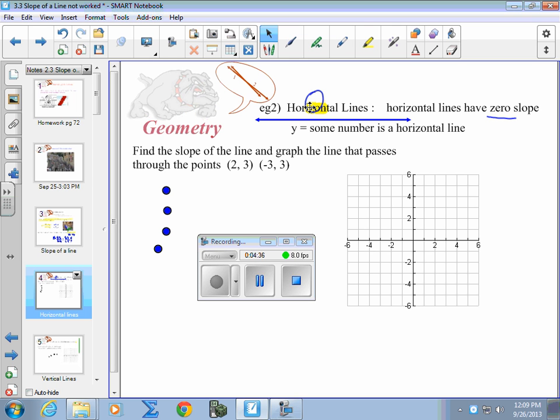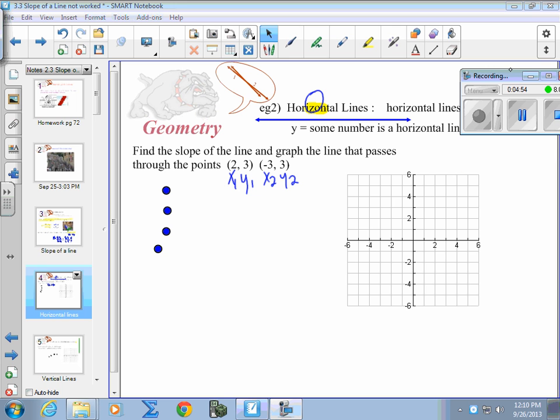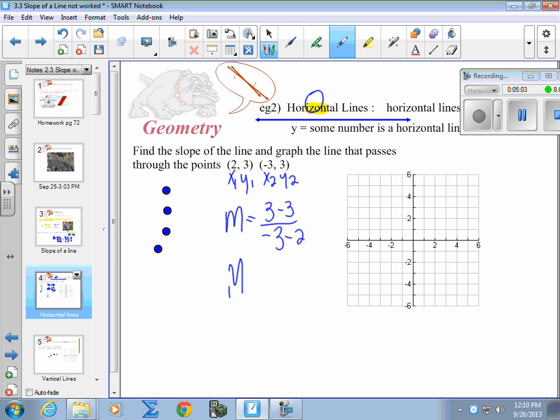The problem up here says find the slope of a line and graph the line that passes through the points (2, 3) and (negative 3, 3). So once again, if you would label it x sub 1, y sub 1, x sub 2, y sub 2, and plug those into your equation, get m equal to 3 minus 3 over... The slope of this line is 0, and we know that it is a horizontal line.